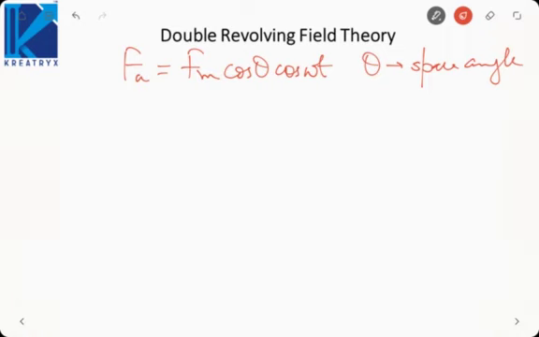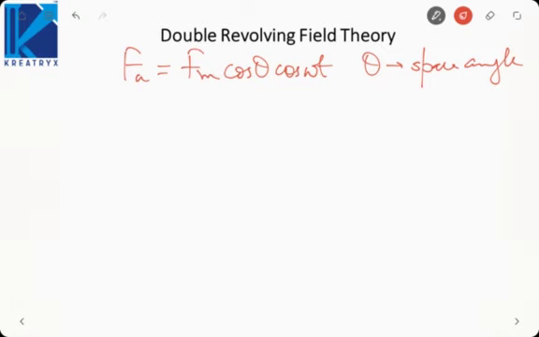The angle made by the rotor in space. That is my theta. So here what I am assuming is flux is sinusoidally distributed in space as well as sinusoidally varying with time. Ideal distribution of MMF or flux is sinusoidal distribution in space. That is what we want to achieve always.